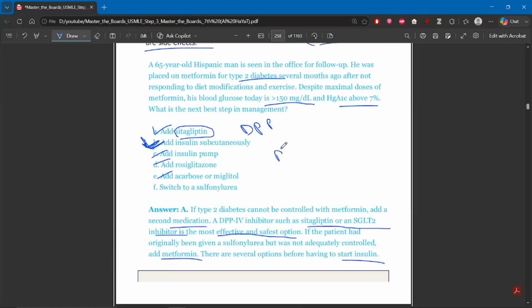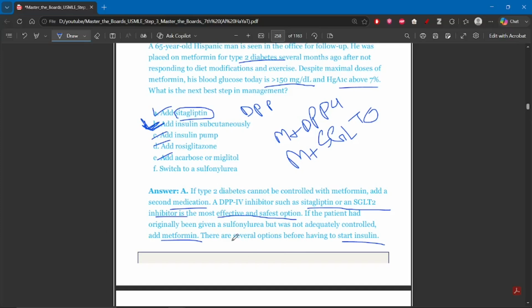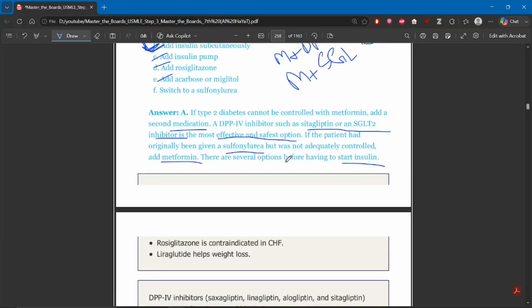So you give metformin plus DPP4, or you give metformin plus SGLT2. And if you've not given them metformin before, you've given them any other drug such as a sulfonylurea, you can add metformin to it.